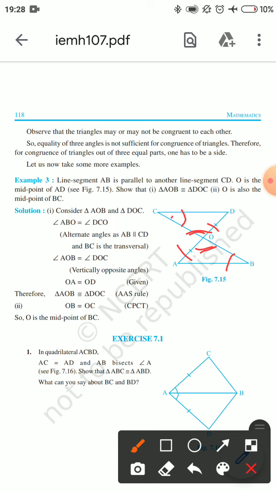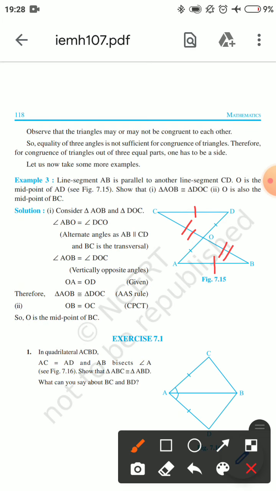So by AAS congruency you can say that these two triangles are congruent. So if these two triangles are congruent, then we can say that side CD will be equal to side BA and side OC will be equal to side OB. Why?